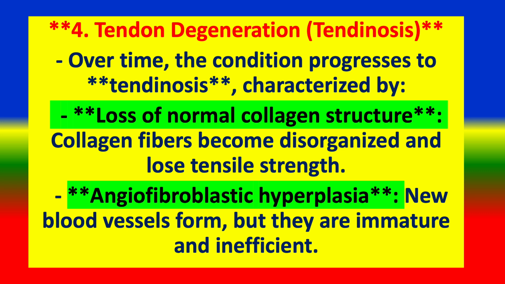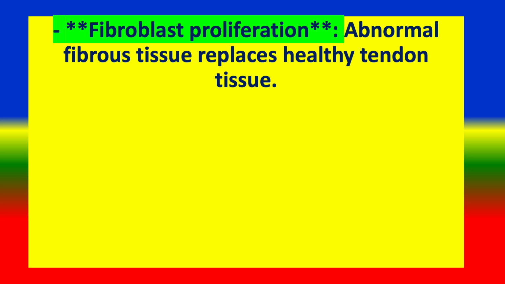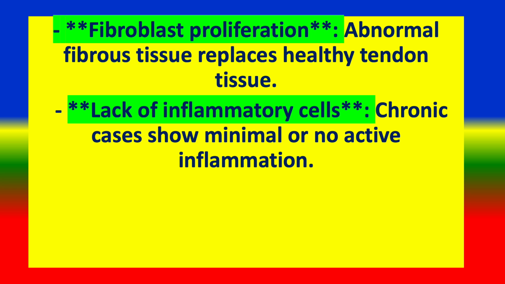Angiofibroblastic hyperplasia: new blood vessels form, but they are immature and inefficient. Fibroblast proliferation: abnormal fibrous tissue replaces healthy tendon tissue. Lack of inflammatory cells. Chronic cases show minimal or no active inflammation.